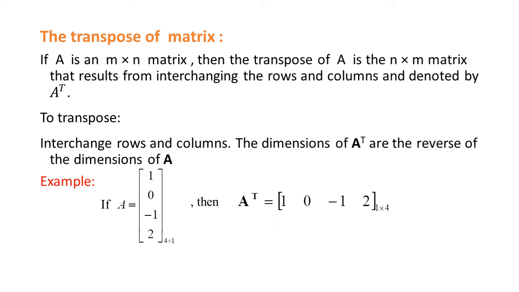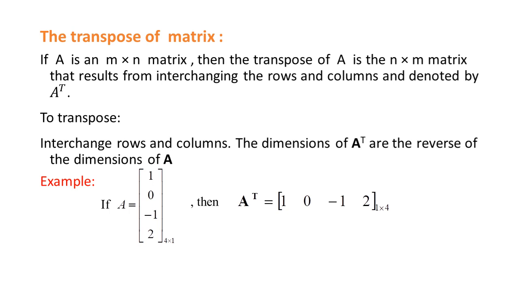Suppose you have a matrix and its order is m cross n, then if you want to find the transpose of A, its order will be n cross m. You just have to put n in the place of m and m in the place of n. This is how we get the transpose, by interchanging the rows and the columns.